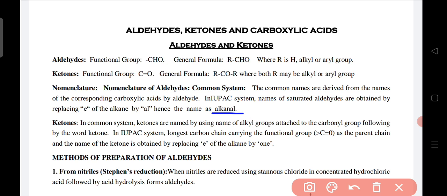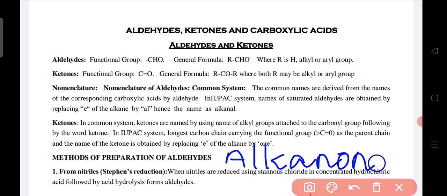So the name becomes alkanone, and for aldehydes it is alkanal.